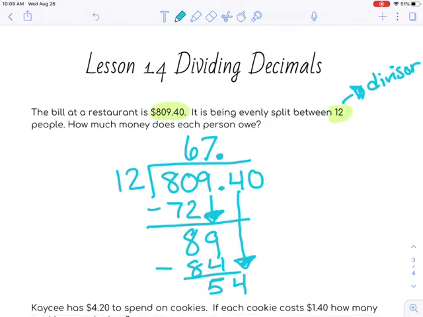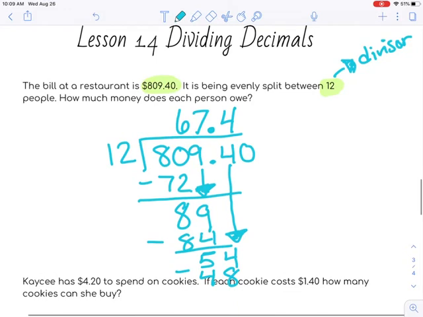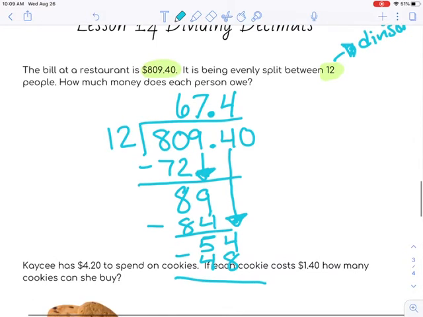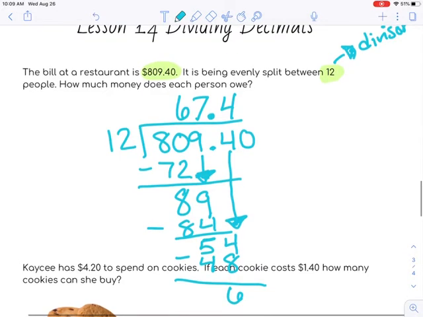So now I have, how many times can 12 go into 54? And it can go in 4 times. I'm going to subtract 48. Sorry, I'm running into my last question there. So I'm going to subtract 54 minus 48. So I have 6 left over. And now I'm going to bring down this 0.